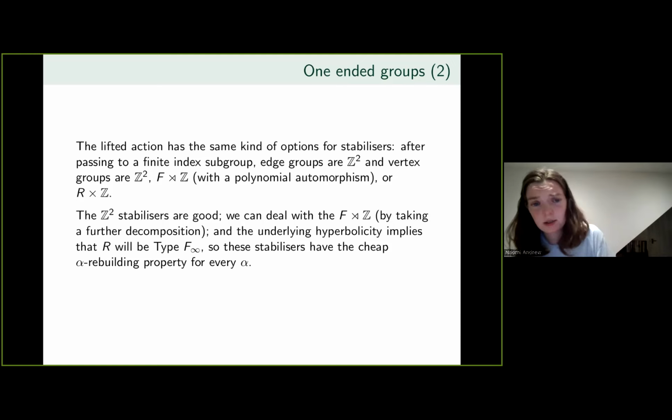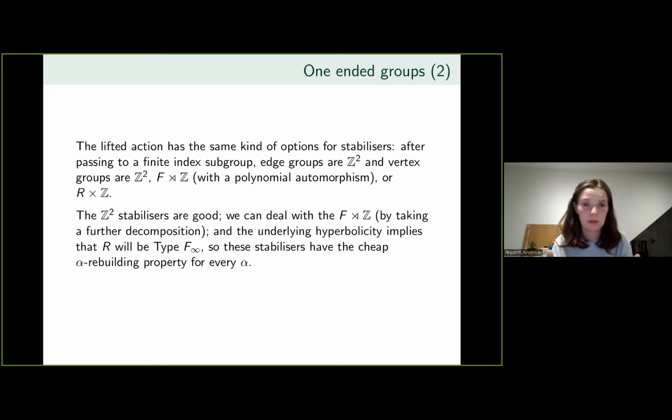So as I said, the Z squared stabilizers are good, happy days, we can deal with them. I don't want to go into the details, but we can deal with the free by cyclic stabilizers, take another decomposition. And the underlying hyperbolicity assumption means that the rigid groups are type F infinity, they're type F alpha for every alpha.